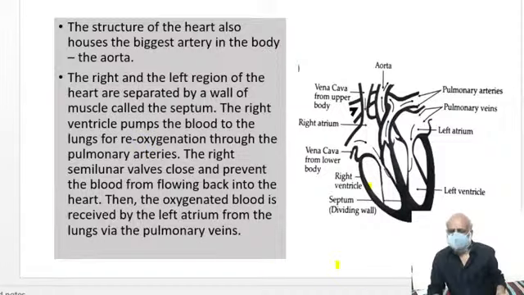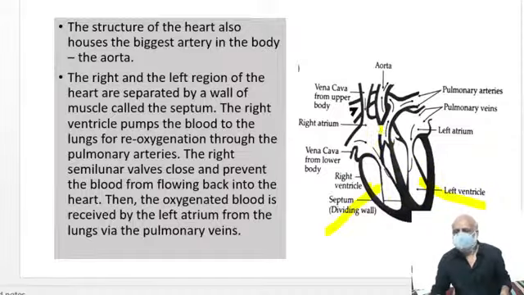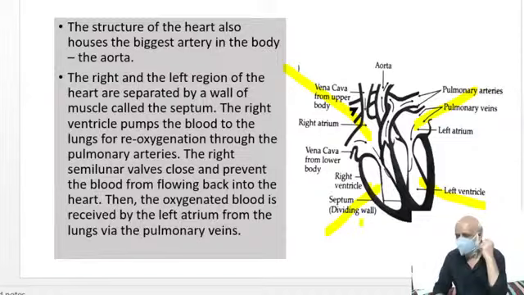See here, structure of heart. There are four chambered heart. This is ventricle in lower side and atrium upper side, right atrium and left atrium. Similarly, right ventricle and left ventricle.